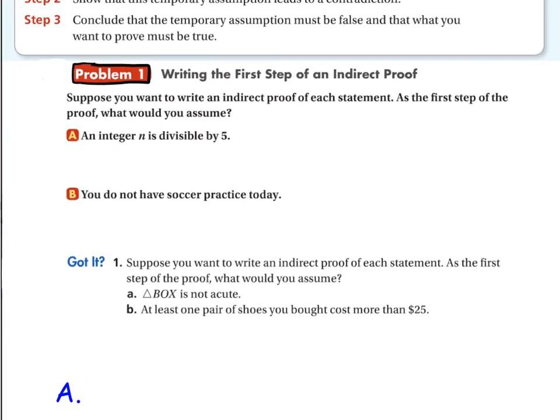Problem 1 says, suppose you want to write an indirect proof of each statement. As the first step of the proof, what would you assume? Here we have: an integer n is divisible by 5.